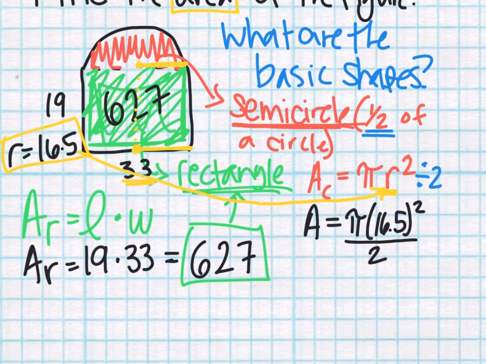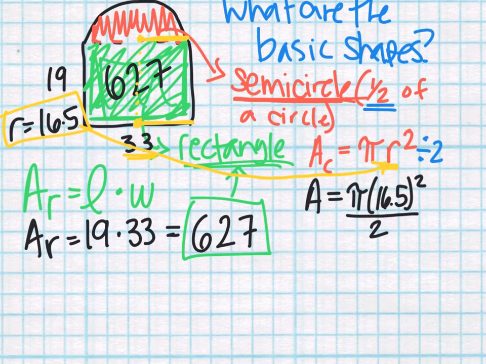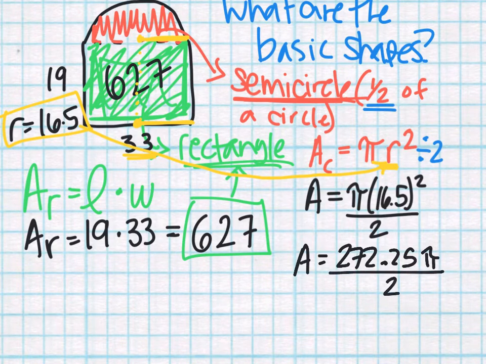Let's get a little more room so we can write our answer. So area is equal to 272.25 pi over 2. So I'm going to multiply all this out and get just a number in decimal form, not pi. And I'm going to combine my two areas.